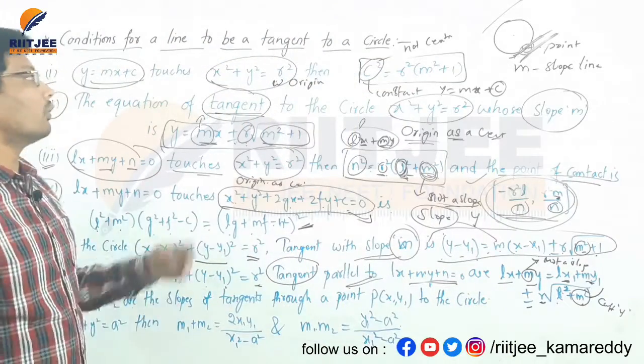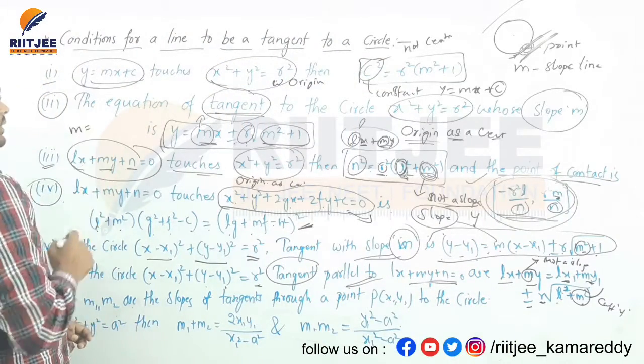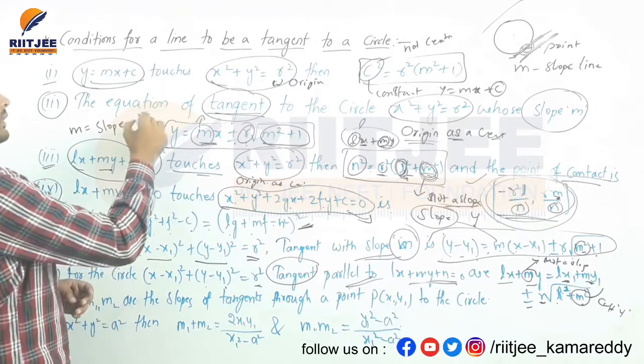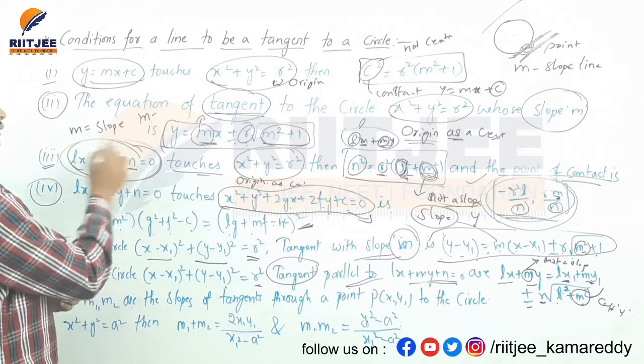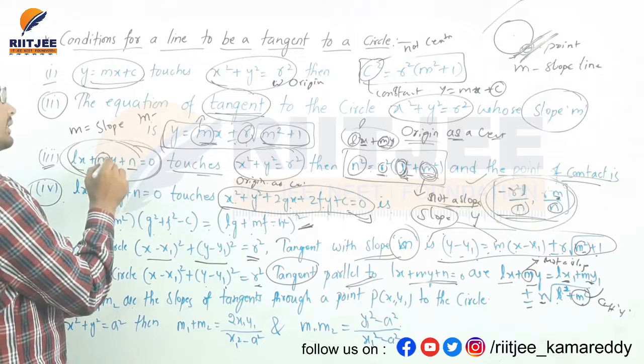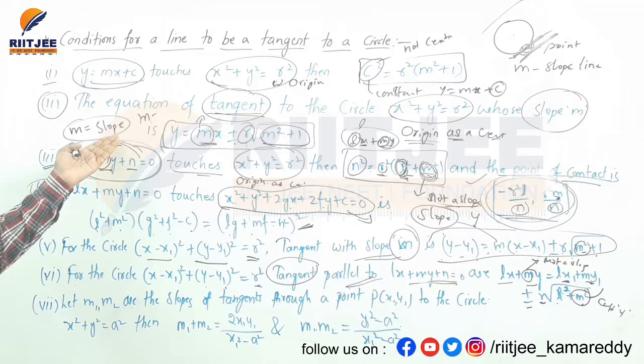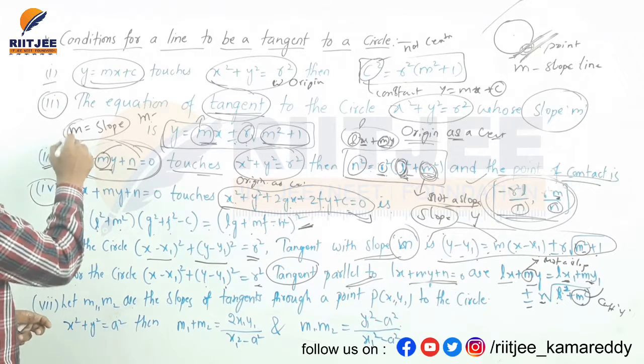Remember carefully: when a line is introduced in the concept, m is the coefficient of y. When slope is introduced in a concept, m is the slope.